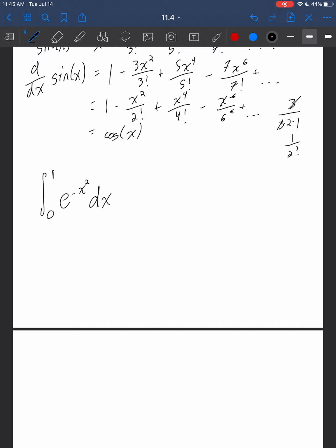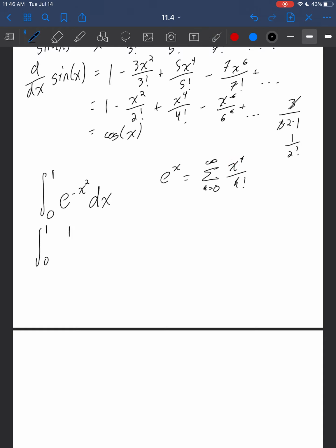But what we can do is use Taylor series in order to approximate what this integral is going to be. If we replace this e to the negative x squared with the Taylor series, we have e to the x is the sum from k equals 0 to infinity of x to the k over k factorial. So this is really looking at the integral from 0 to 1 of, replacing all of our x's with a negative x squared.